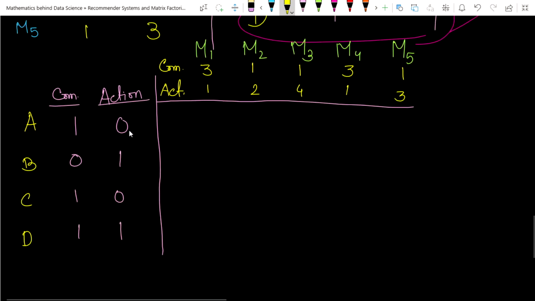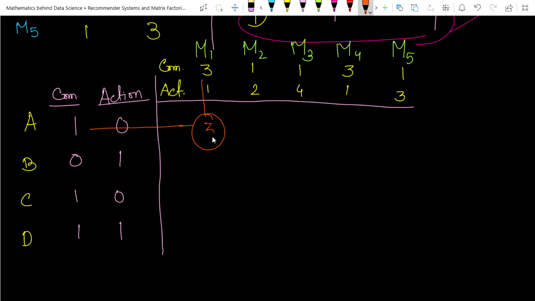Now if you multiply these two matrices, first this one and this one, if we take the dot product of these two matrices, first this column and this column, what will we get?